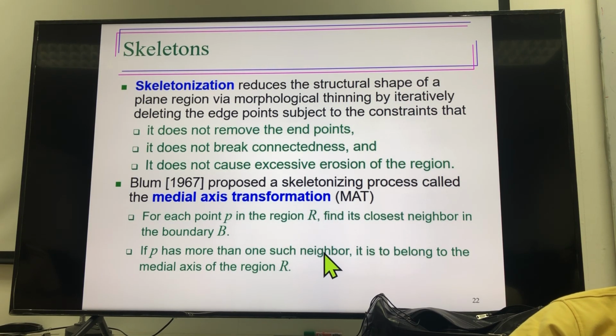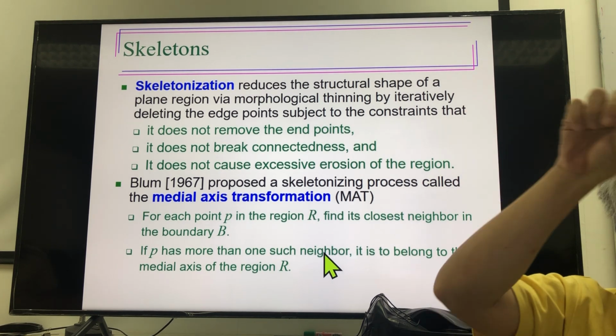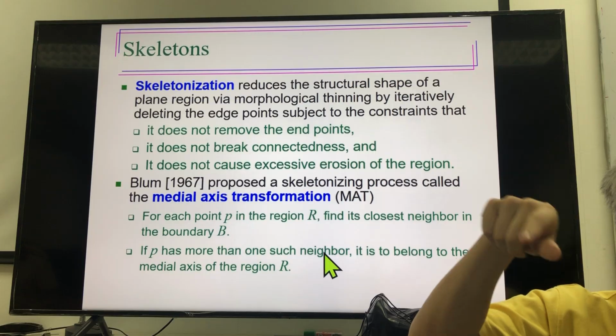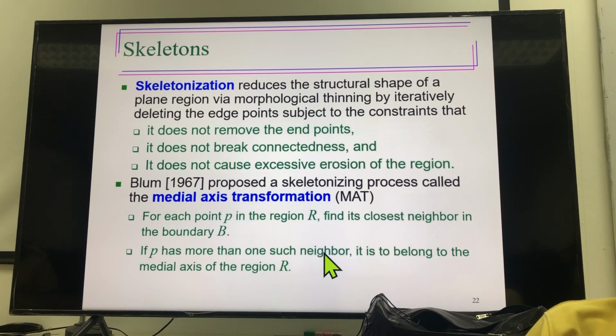Skeleton is another way to represent the structure of the shape. The way to do skeleton, last time we already did that, right? With morphological image processing, you can have the program do the skeletons. When you have the shape, you can erode it until it becomes a skeleton.